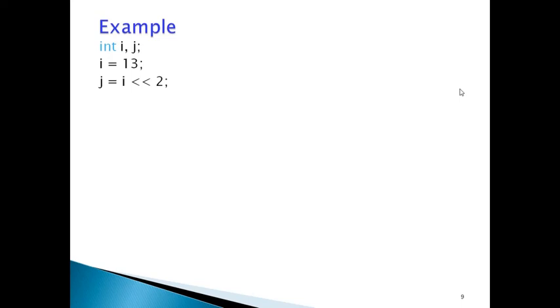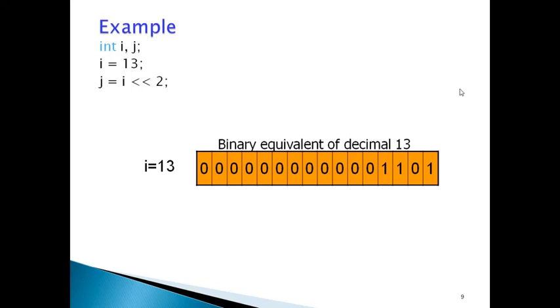It is one expression, j equals i left shift 2. The left shift operator will shift the i value by 2 bits. Now we will see what the resultant value is. First of all, the compiler will convert the i value 13 into a binary value. Here the word length is 16 bits.